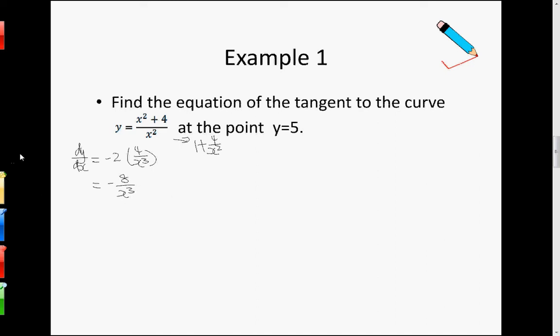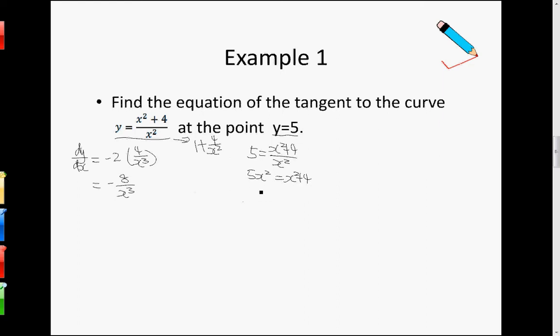The next thing we want to know are the coordinates at the tangent points. We have the y coordinate, so we can solve for the x coordinate because we have the equation of the curve. Let's sub in: 5 equals x squared plus 4 over x squared. Then 5x squared equals x squared plus 4.